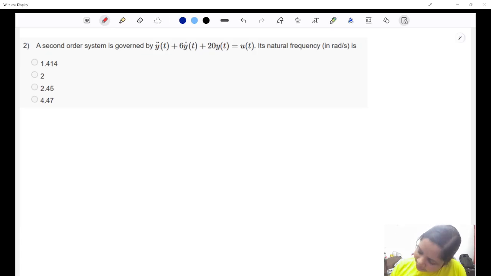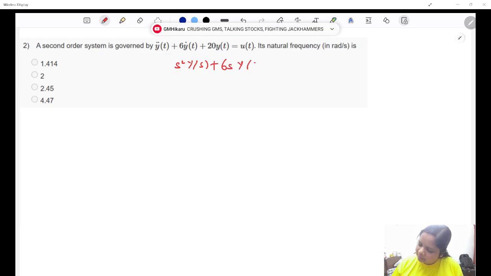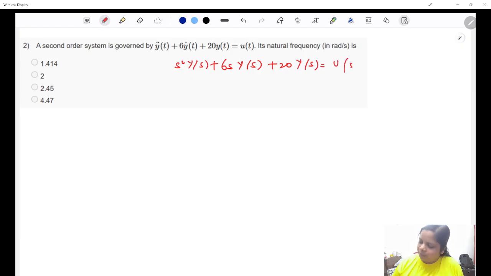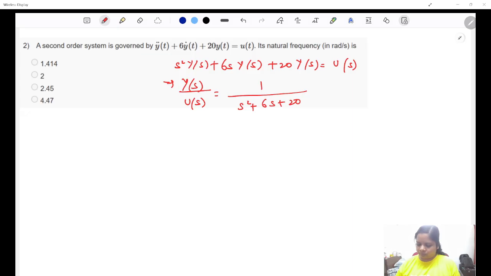So let's find the transfer function for this. s square Y(s) plus 6s Y(s) plus 20 Y(s) is equal to U(s). From here you can write Y(s) upon U(s) is 1 upon s square plus 6s plus 20. Right? So from here you can write 2 zeta omega n is 6 and omega n square is 20.